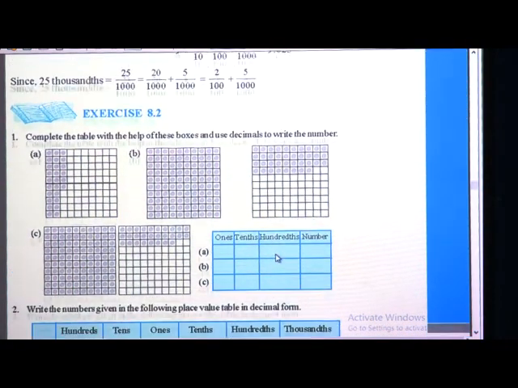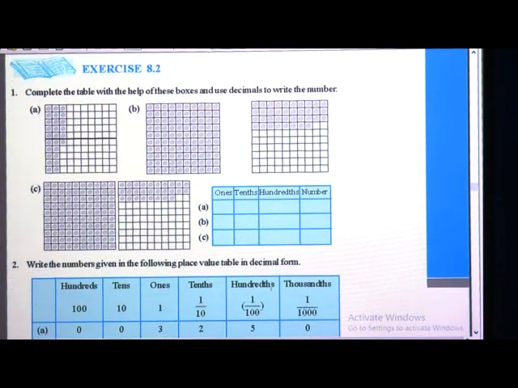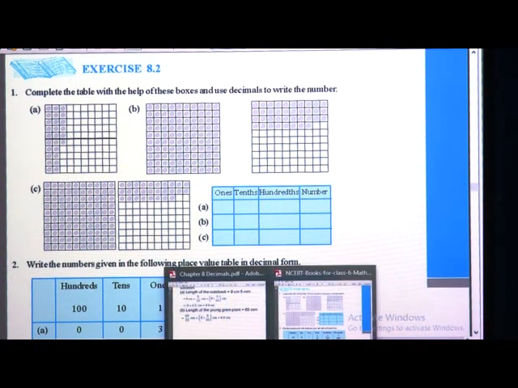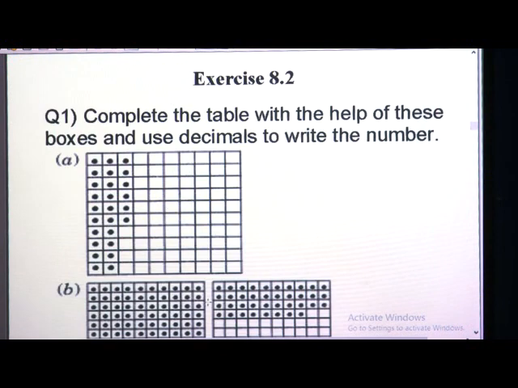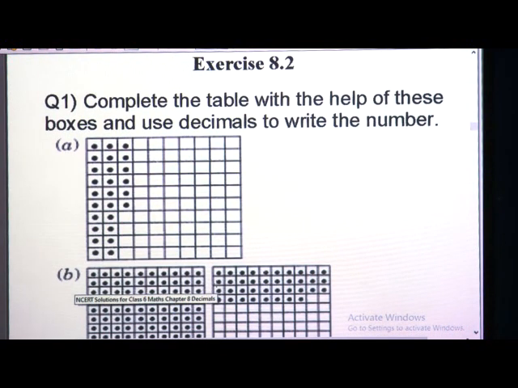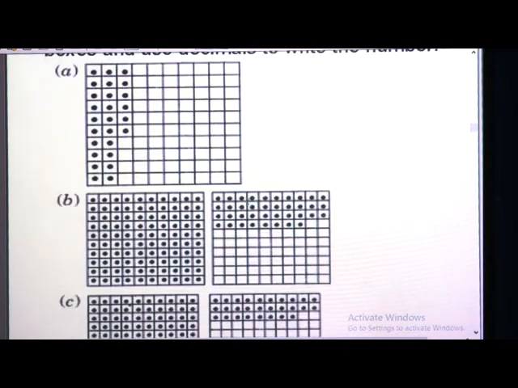Now, we will solve a few examples from exercise 8.2. Complete the table with the help of boxes and use decimals to write the numbers. Now, we have a few boxes here. We need to use decimals to write the number.